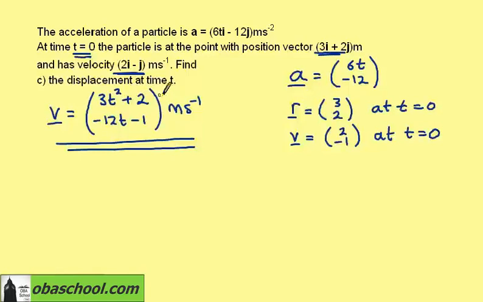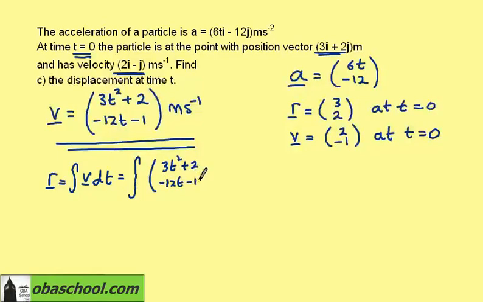We now want the displacement at time t. To get displacement, we integrate velocity. So r is the integral of v dt, which is the integral of 3t squared plus 2 minus 12t minus 1.